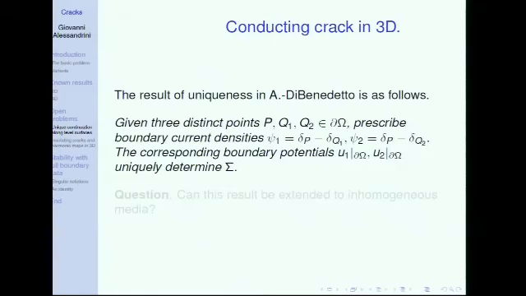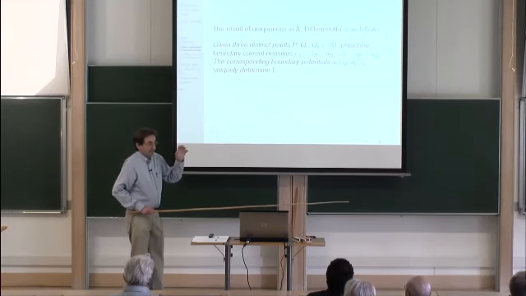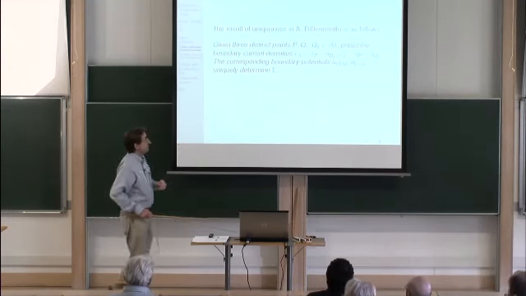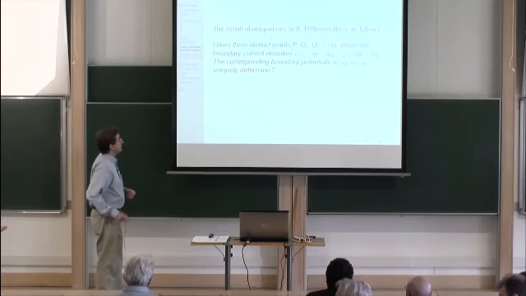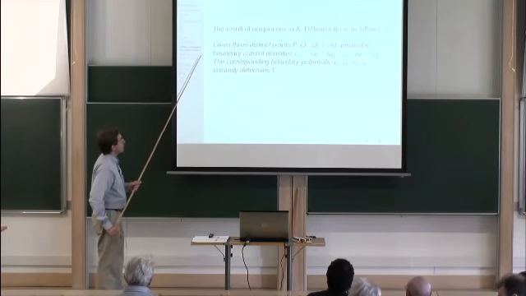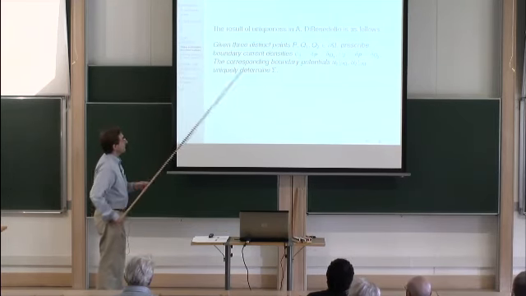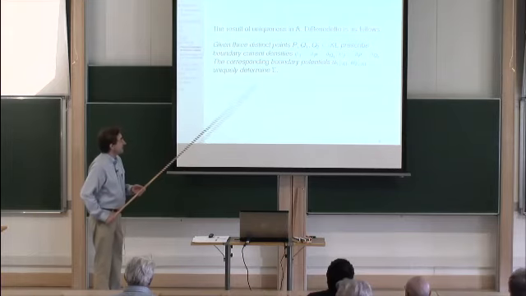Of course, having delta functions is maybe not practical from a physical point of view, but in fact this result could be adapted also to the case in which these delta functions are replaced by characteristic functions of small sets. And so the corresponding potentials uniquely determine sigma.